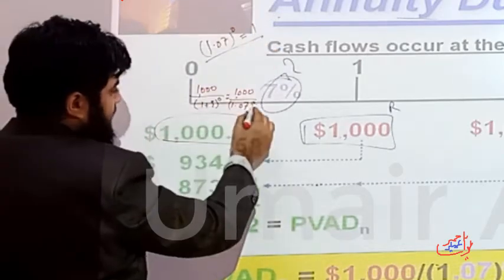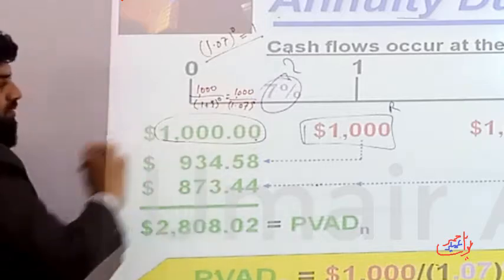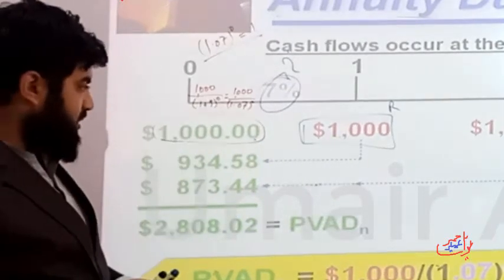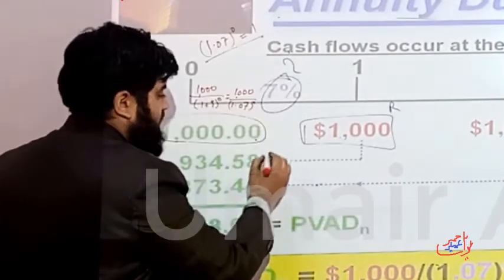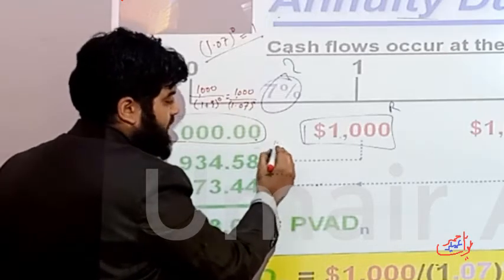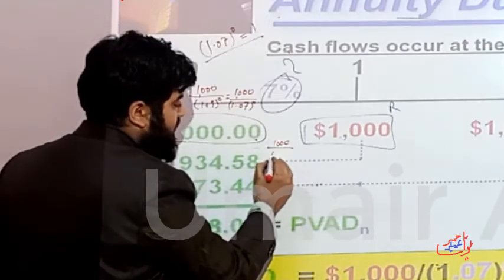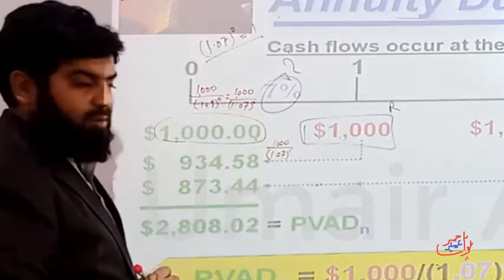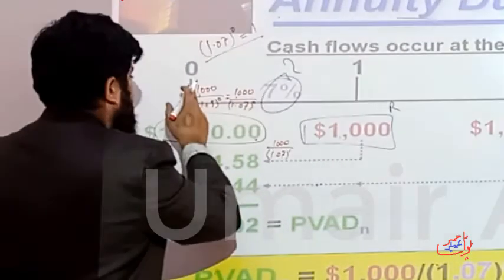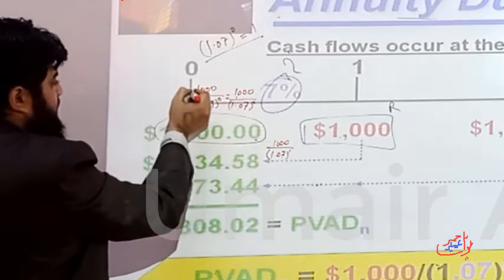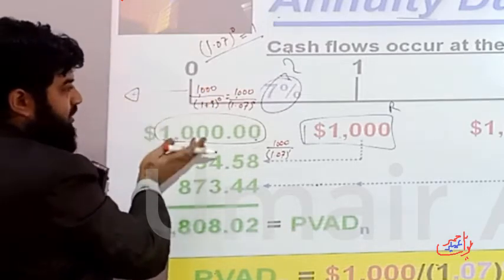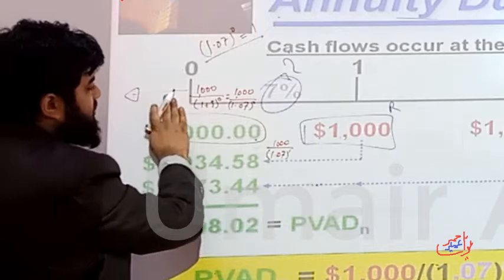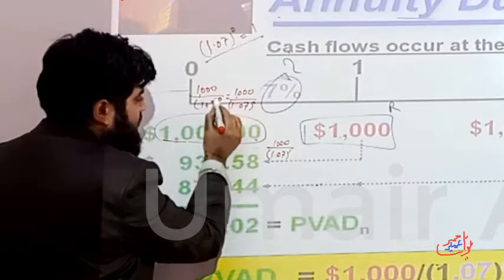So using this mechanism you will get 1000 here. In the second, what do we have to do? 1000 divided by 1.07 to the power of 1. Let's check if there is any previous number of years. There is no previous number of years. That's why we use 1.